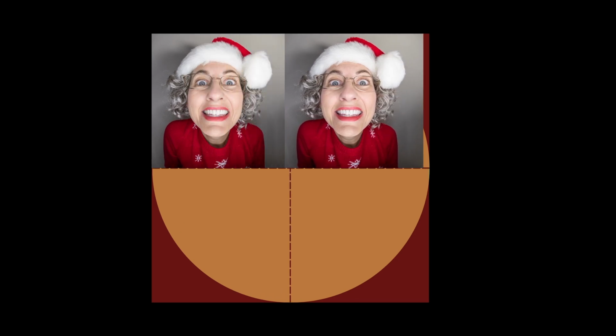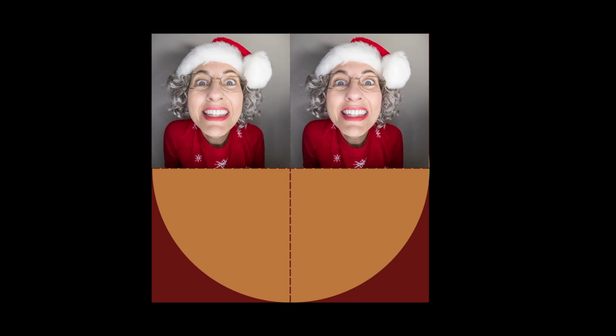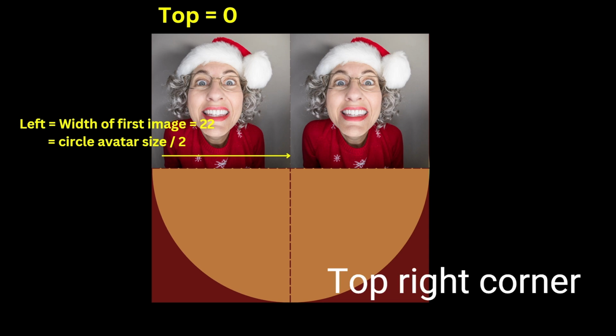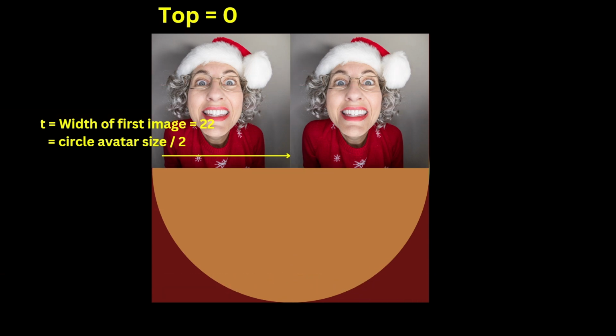Now for the second image, we want this image on the right-hand side, in the second quadrant of the circle. For this, the position from the left-hand side is equal to the width of the first image, which is 22, or you can say half of the total circle size. From the top, its position is 0, so this image is moved to the top right corner of the square.